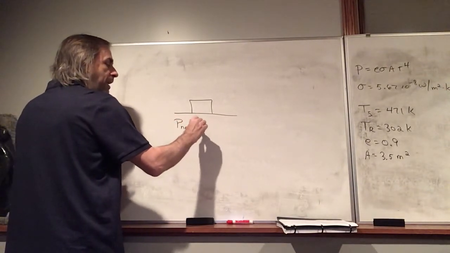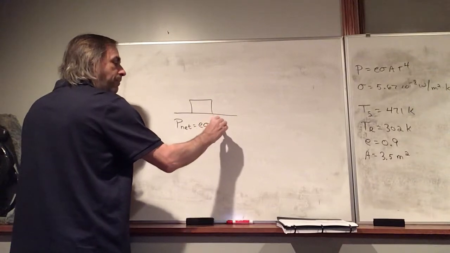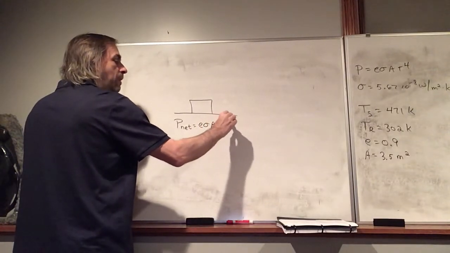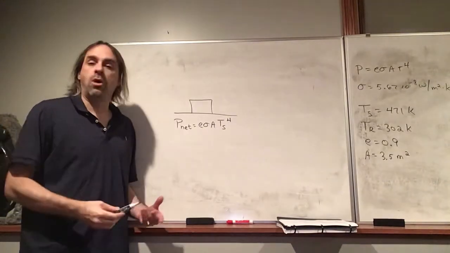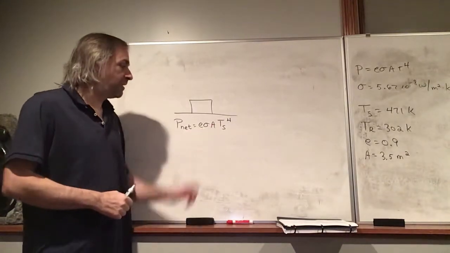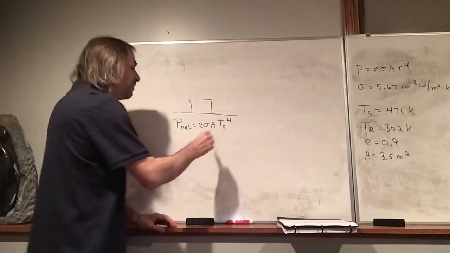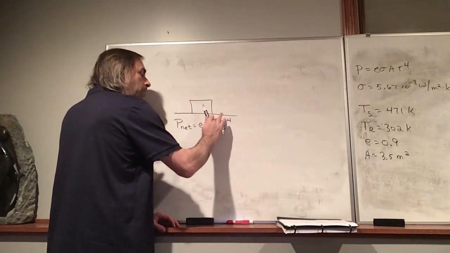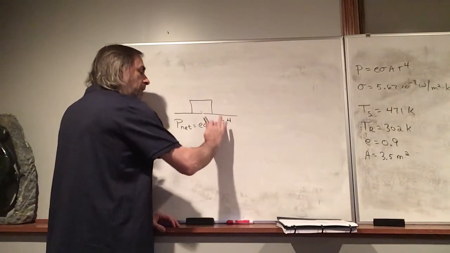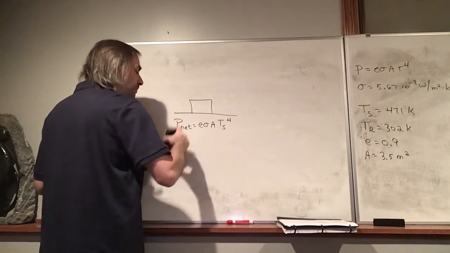So we'd have E sigma A times the temperature of the stove to the 4th power, but it's absorbing, using the same formula just at room temperature. So again, these factors, I'll write it out the long way.